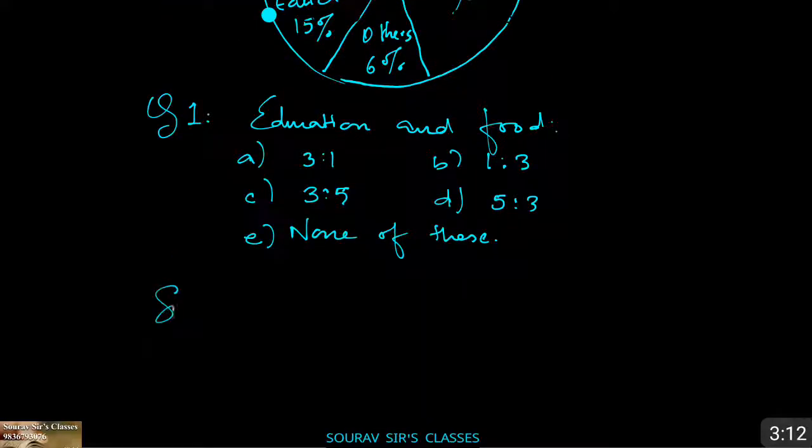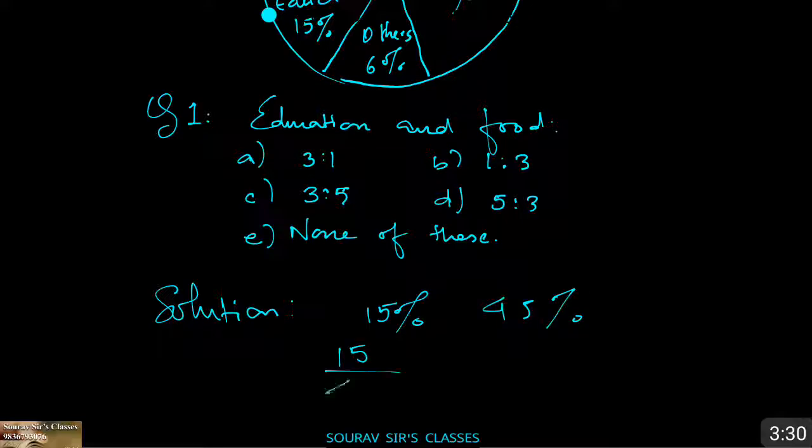Let's move on to the solution. Expenditure incurred on education percentage wise is 15% and expenditure on food is 45%. So required ratio is 15 by 45, that is 1:3. That is option number B.